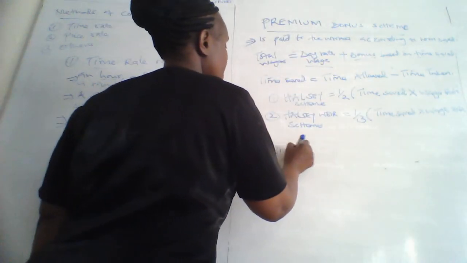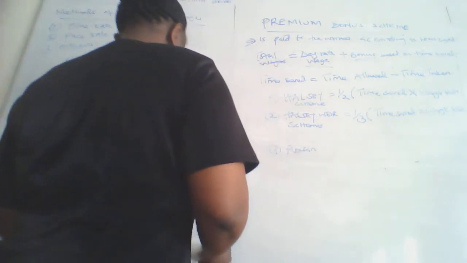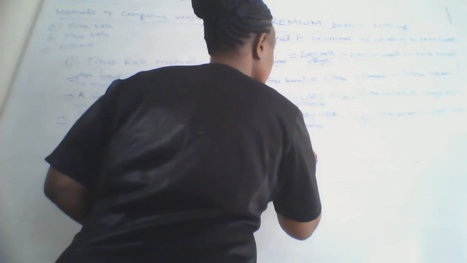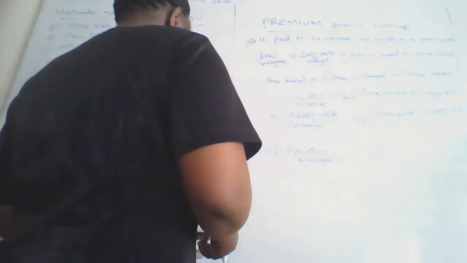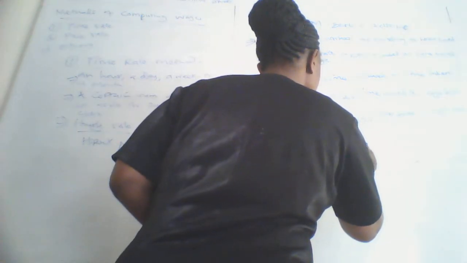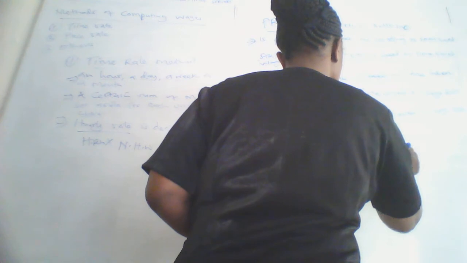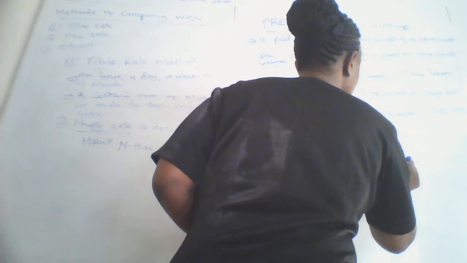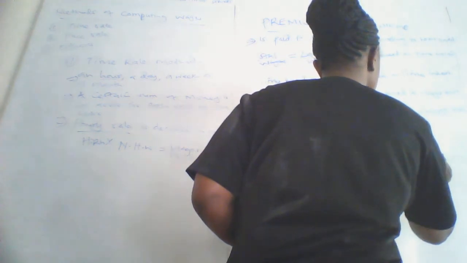Then we have the Rowan scheme. Rowan scheme, a bit complicated: time taken over time allowed times wage rate.